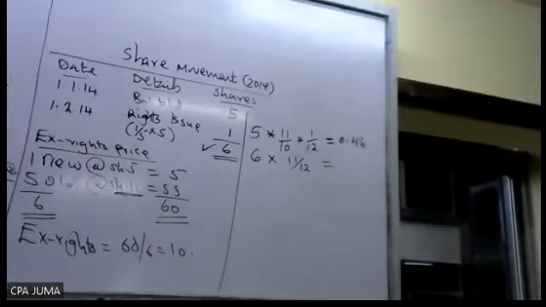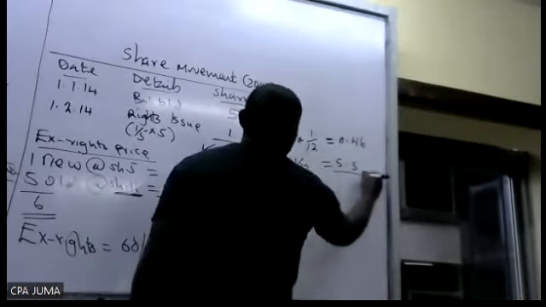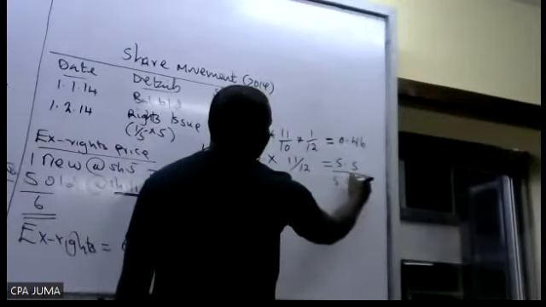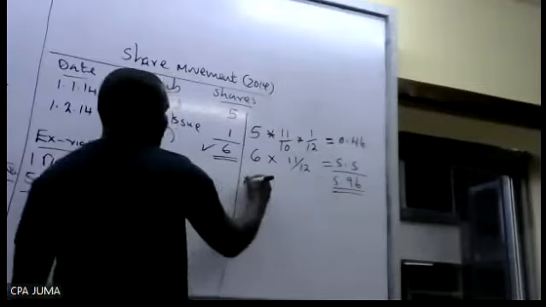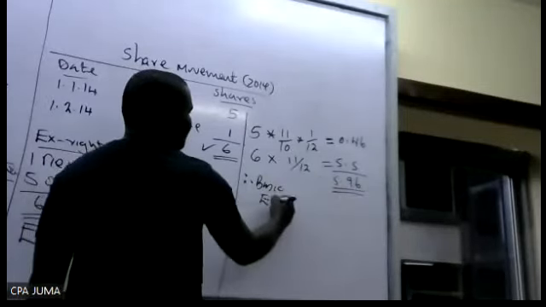How many shares? 5.5. So add, and we get 5.96. Therefore, basic EPS: what was the profit for 2014?